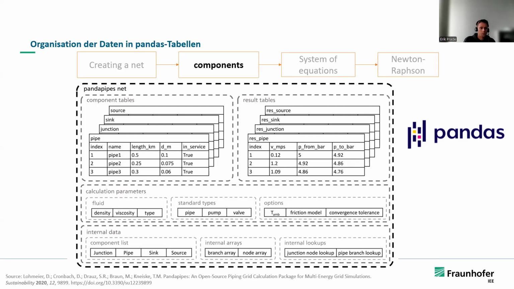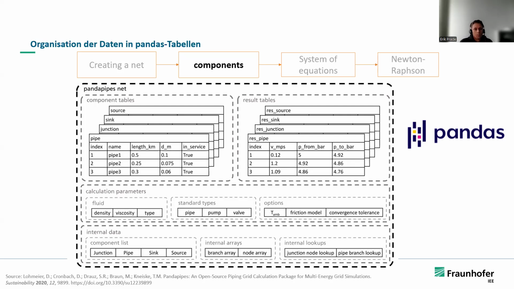For example, for source, sink, junction and pipe, we have one extra DataFrame, structured so that each element has a row. The columns hold the different parameters, for example, for pipe, length and diameter. For each component table, we also have a result table in which the results for the different elements, again in each row, are stored.